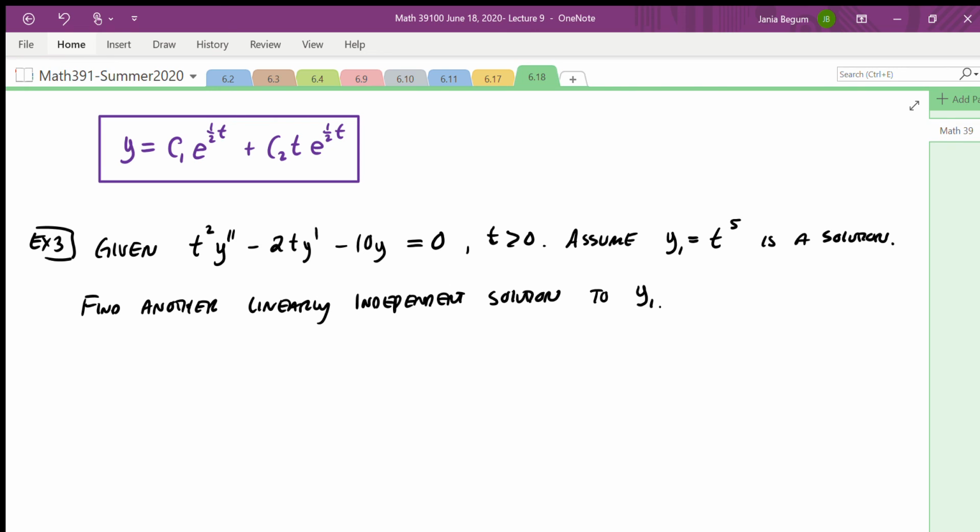So the hint is, if you know one solution, you can always find the general solution, and from there you can pick out which one is y1 and which one is y2, right? So the way we're going to approach this question is by using reduction of order. So any questions before I start? Okay, does it make sense where we're headed?